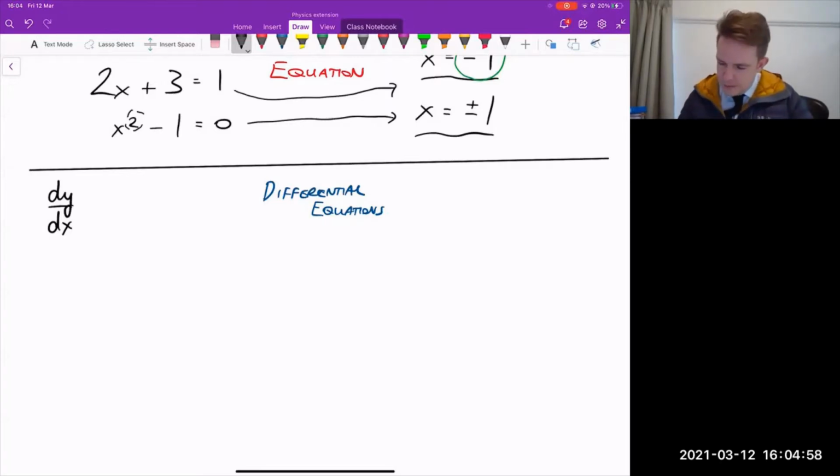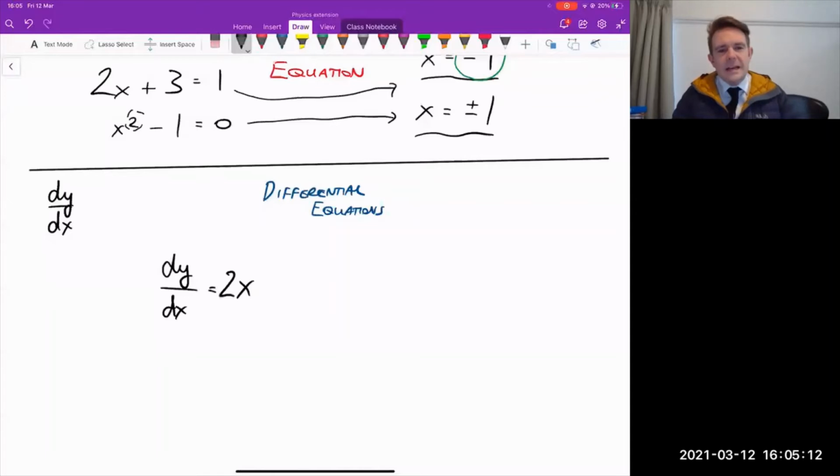So let me write a differential equation for you. Oh, sorry, no. Let me write this one. dy by dx equals 2x. The reason it's called a differential equation is that it's got this bit in it, dy by dx.